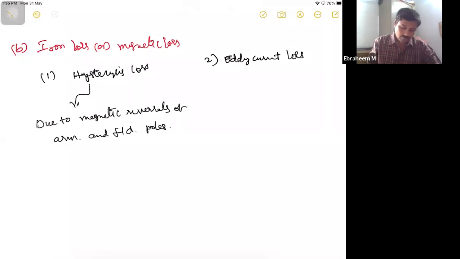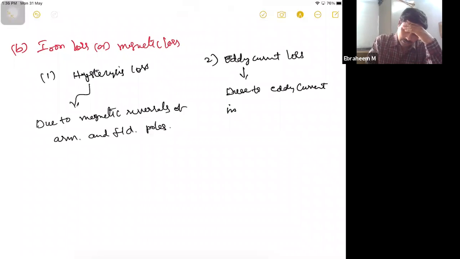So, eddy current loss is due to eddy currents in iron parts, or parts made with magnetic materials in the machine, right?